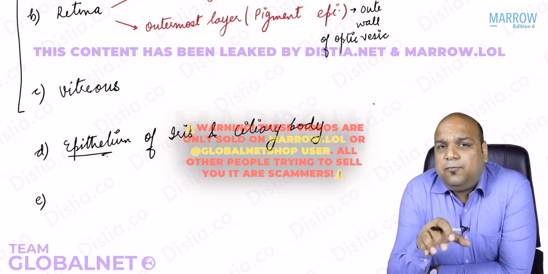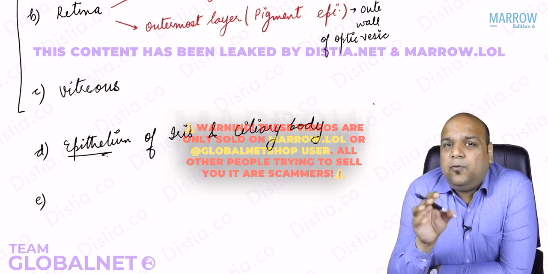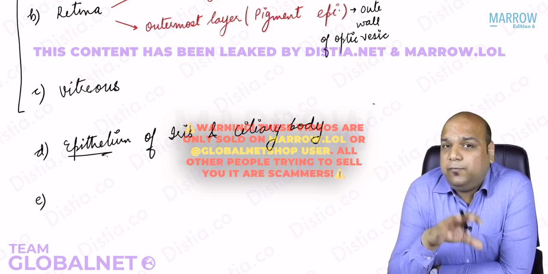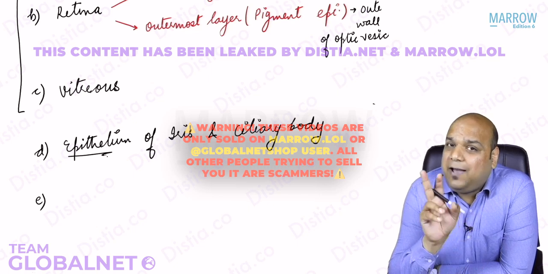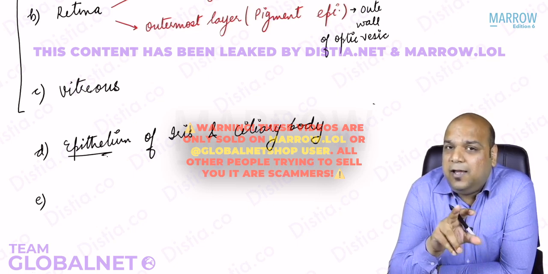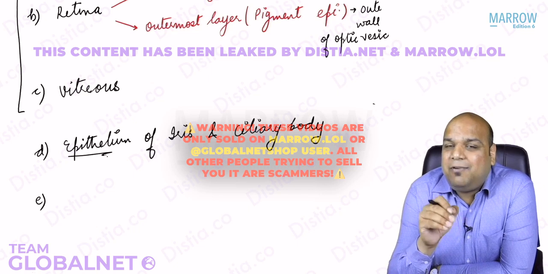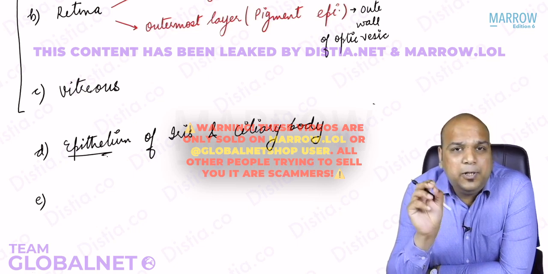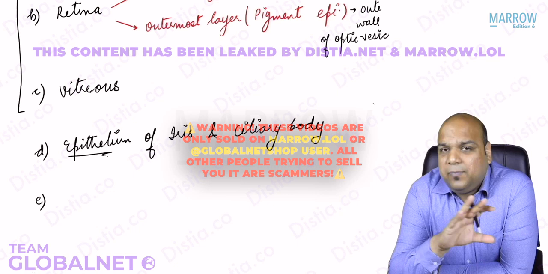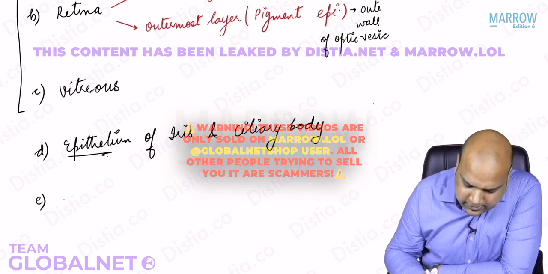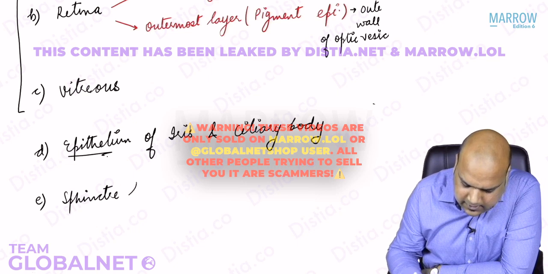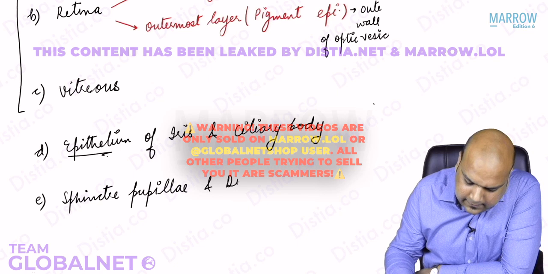Apart from that, all the other parts of the iris and ciliary body, which is part of the uvea, will come from the vascular layer. What is the vascular layer? The deep or inner vascular layer formed from neural crest cell mesenchyme. Also what develops is two muscles, the sphincter pupillae and the dilator pupillae.